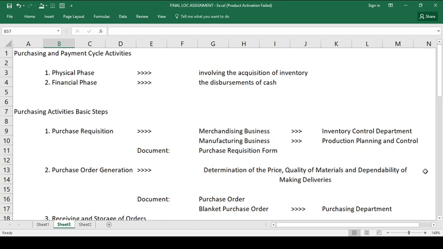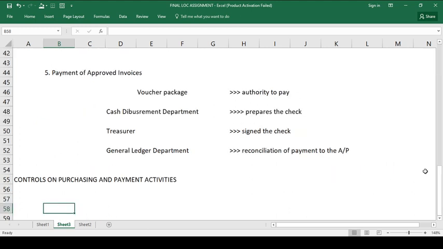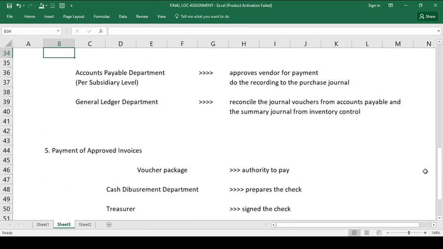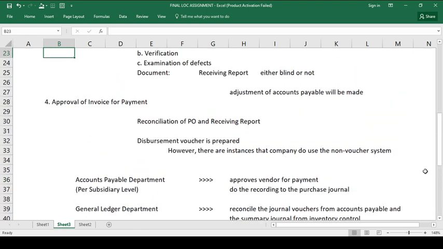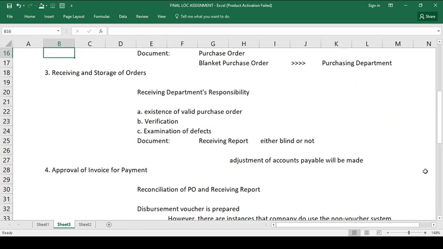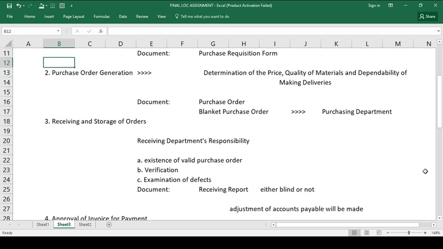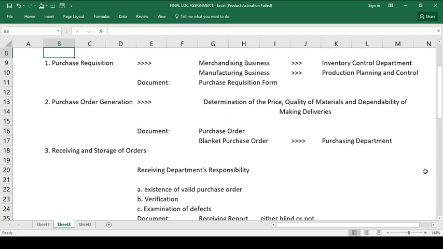Okay, after the purchase requisition is being prepared, the next thing that the purchasing activity will do is the preparation of the purchase order or the generation of the purchase order.